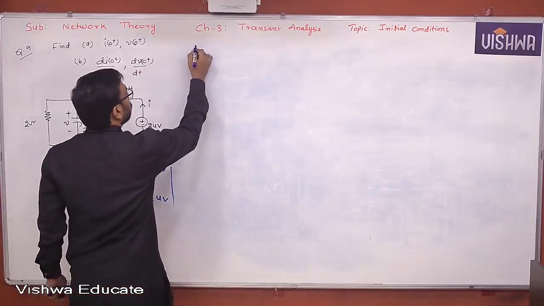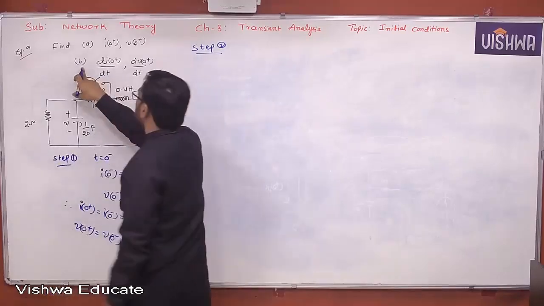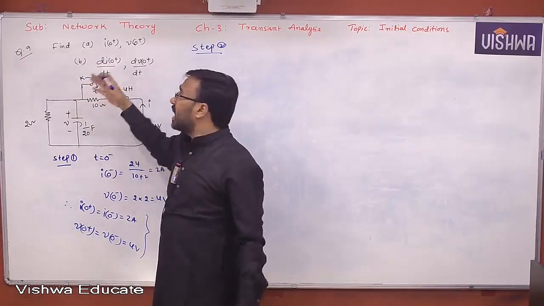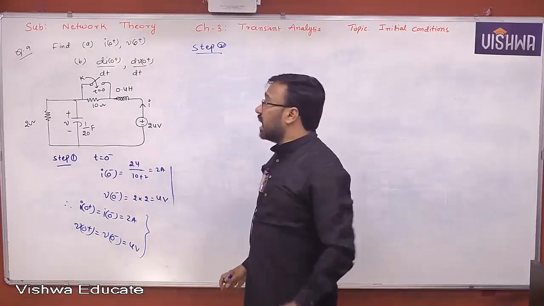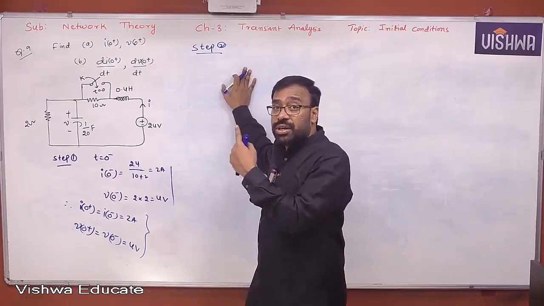Step 2. Why do I need to go for step 2? It is only for the sake of question number B. For A, you don't require it, because directly he is asking current through inductor and voltage across capacitor. Step 1 itself you will get the answer. But I am going for step 2 for the sake of the first order derivative terms.